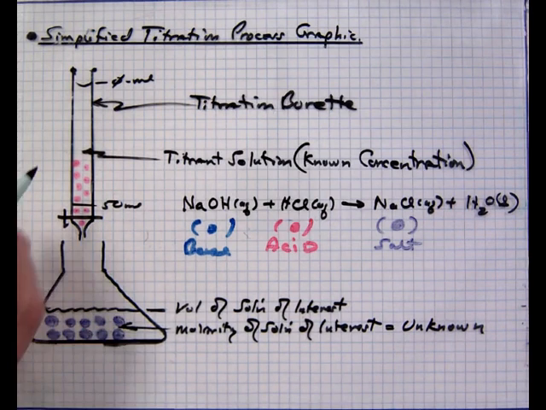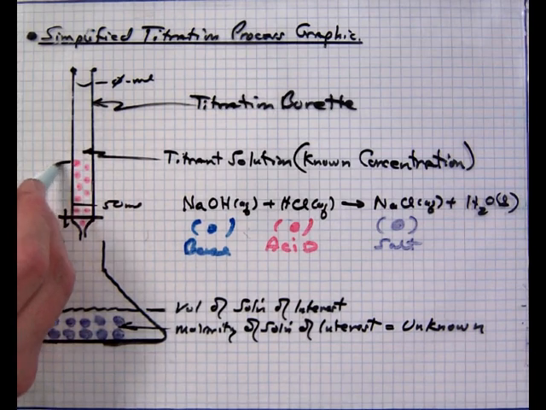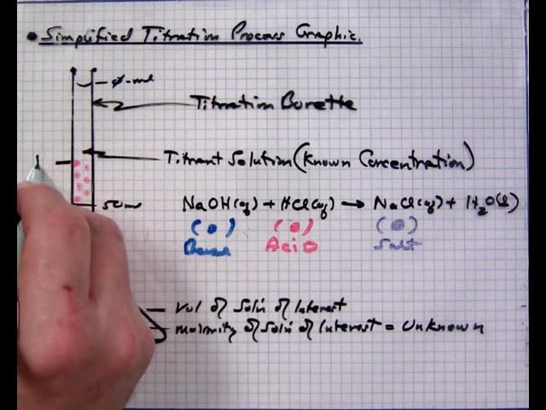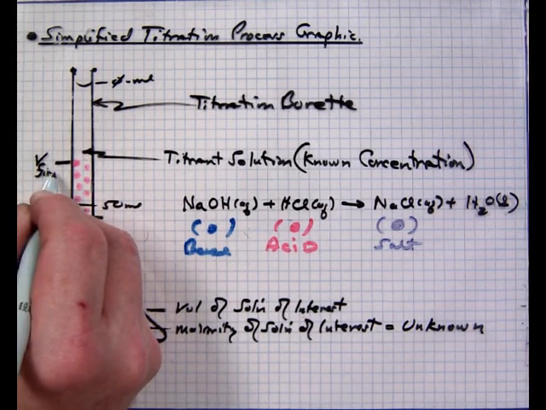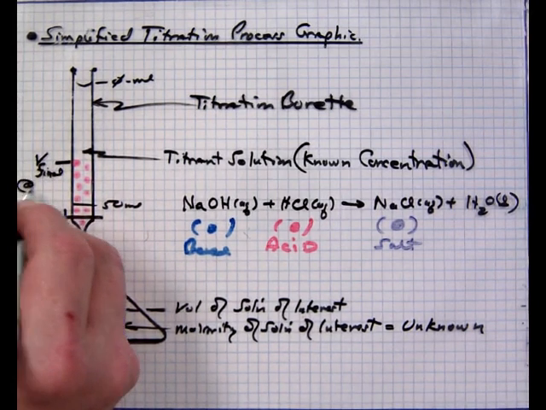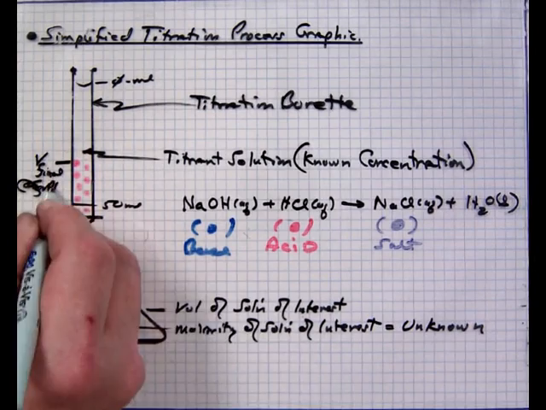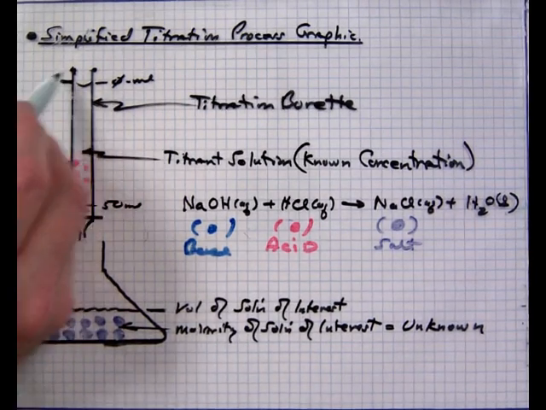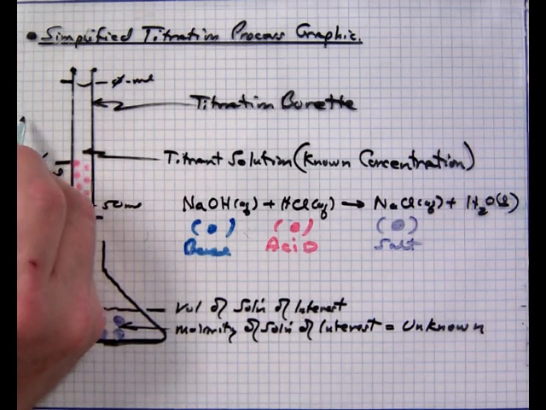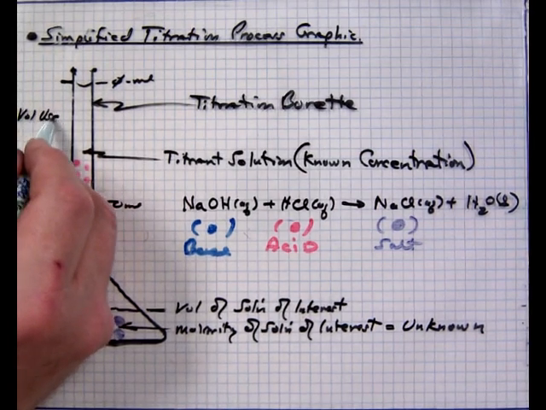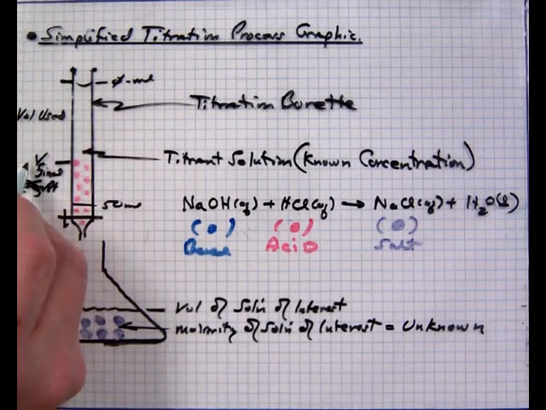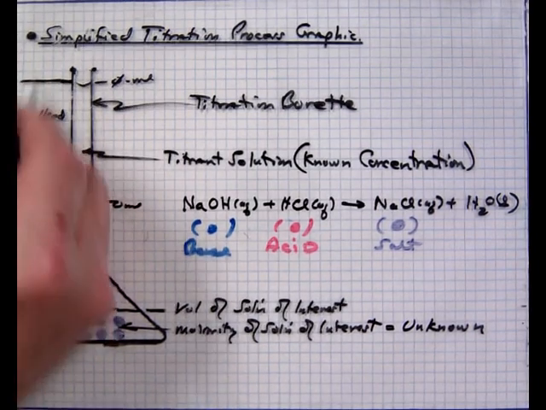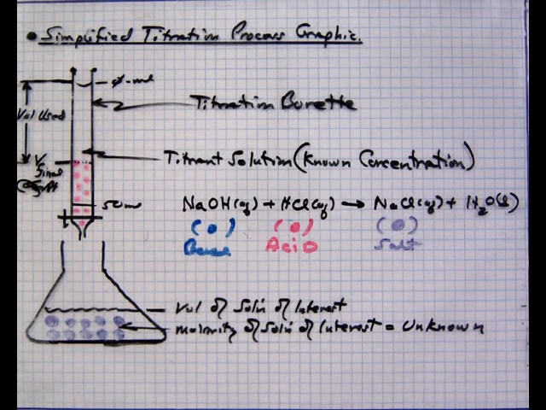So what you need here is the final volume at equivalence point right here. If you started here at say 0 milliliters, the volume used is whatever you read off the burette at that point.